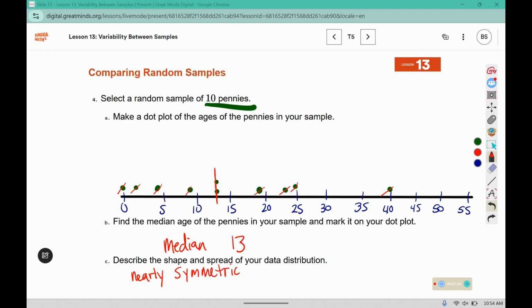You could also say that it is slightly skewed to the right because it extends farther in the right direction from the median than it does in the left. And the spread. Our spread, we went from 0 to 40, so that is a spread of 40.